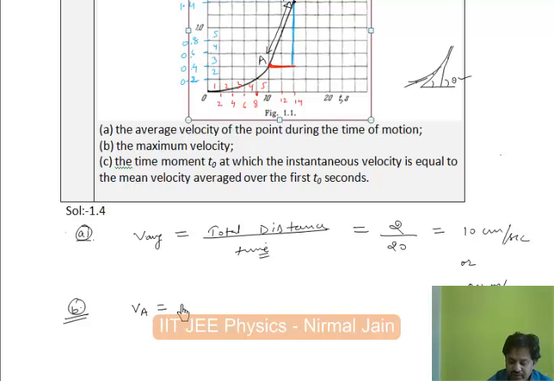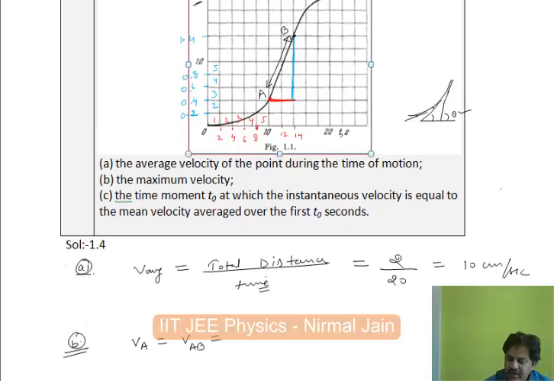So velocity at A is equal to velocity during the duration A to B, which is displacement upon time. The displacement in this duration is from 0.4 meter, you can see by this blue line, up to 1.4 meter.